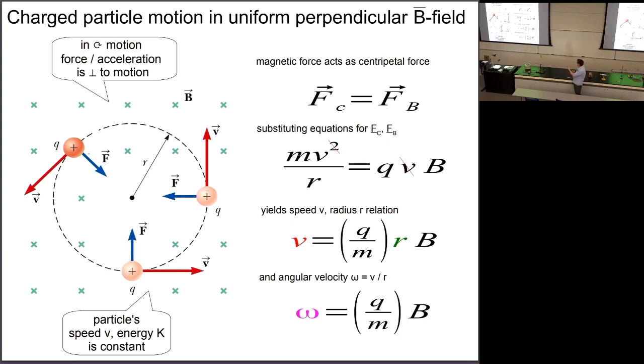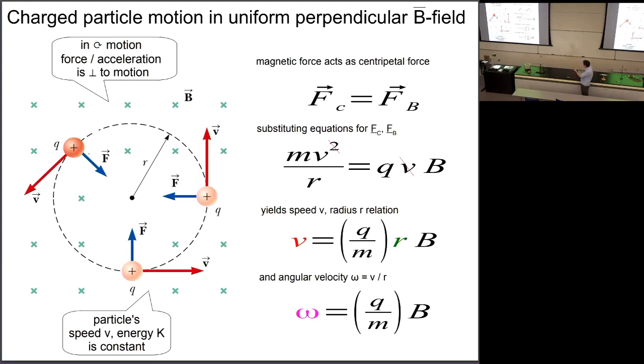So I just filled in my understanding of how centripetal forces work and how magnetic forces work, and I get this equation here. And if we rearrange this equation, we can learn about how the circular orbit depends on all the parameters in this situation, on the characteristics of the particle, on the magnetic field, and so on.